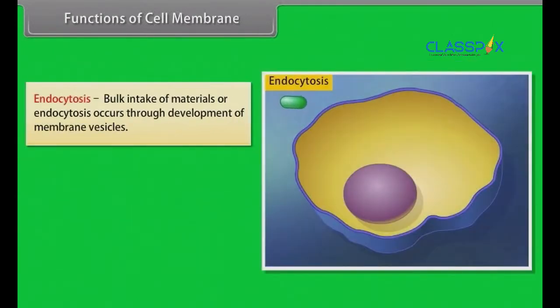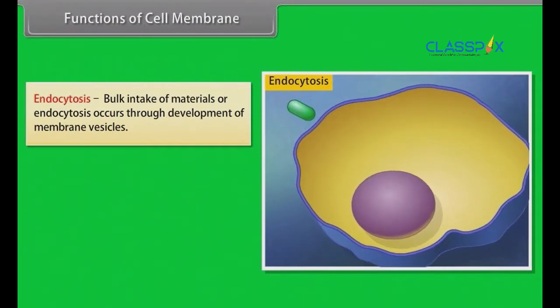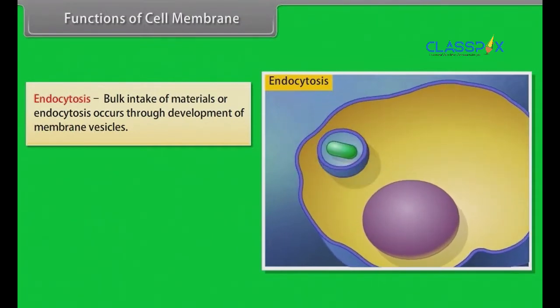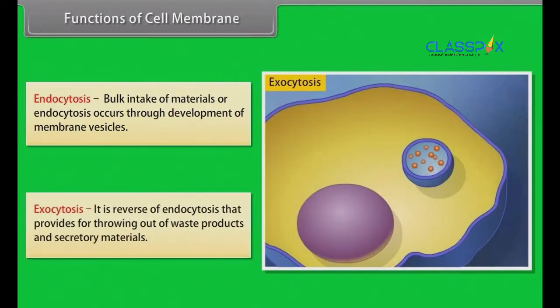Endocytosis. Bulk intake of materials or endocytosis occurs through development of membrane vesicles. Exocytosis. It is reverse of endocytosis that provides for throwing out of waste products and secretory materials.